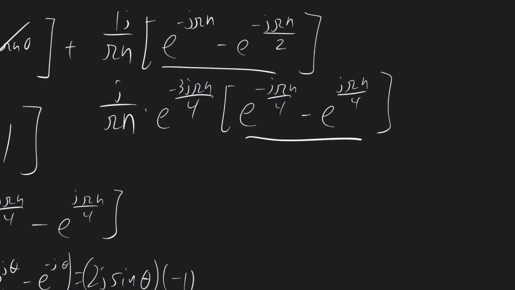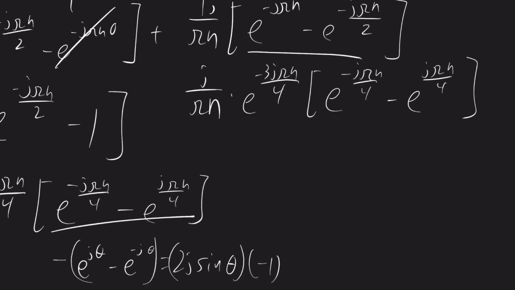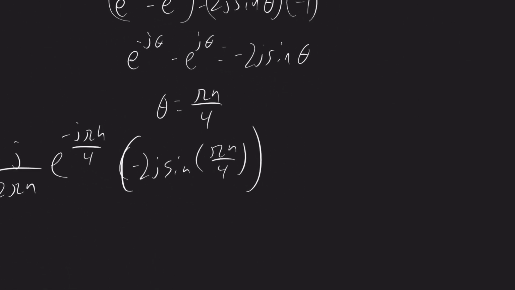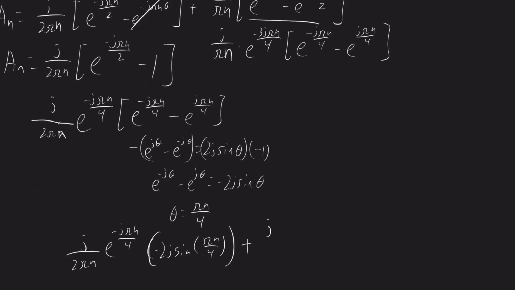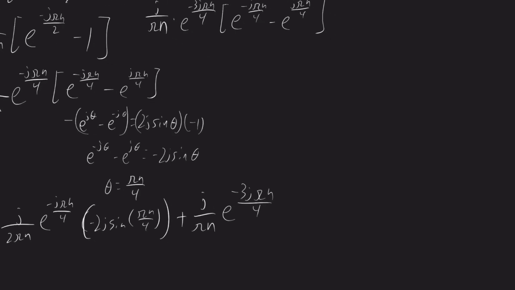So these two terms are the same as the two terms we had before. So it'll be plus, and we had j over pi n e to the negative 3j pi n over 4 times negative 2j sine of pi n over 4.